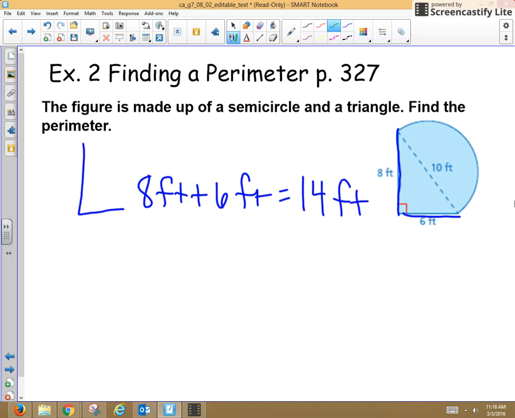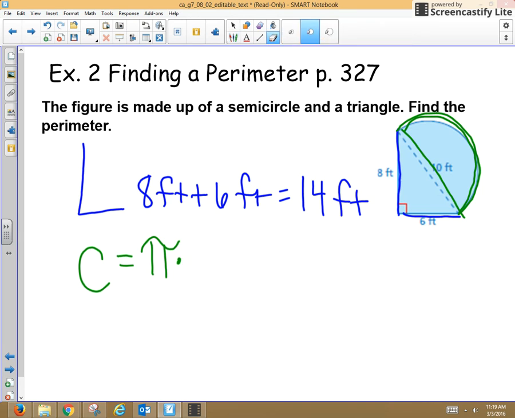Now the second part is this half circle here, which is a semicircle. I know the circumference of a circle is pi times diameter. In this case, the diameter is the distance across, which is 10 feet. So I'm going to use pi times 10, which is about 3.14 times 10.